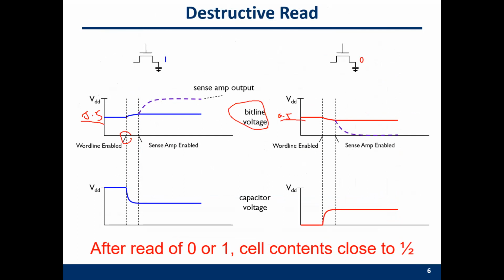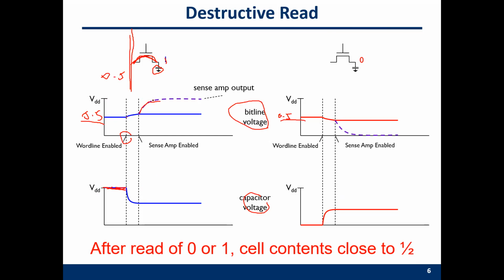The charge sharing means if this is a 1, which means that you have some charge in this capacitor. Okay, so this is the 1, because this is the capacitor voltage. Originally, it has 1, so it has a full VDD. And your bit line is at 0.5 here. When this transistor is closed, this is 1, this is 0.5. Then on this bit line, the voltage will get higher.